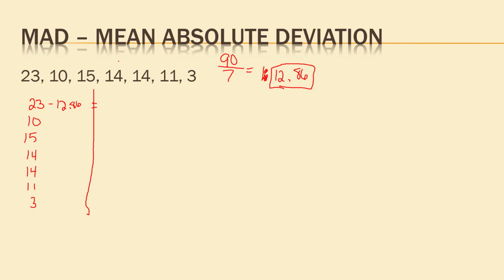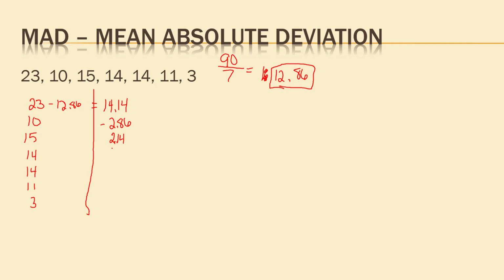So 23 minus 12.86 gives me 14.14. 10 minus 12.86 gives me a negative 2.86. 15 minus 12.86 gives me a positive 2.14. Lost my decimal there. 14 minus 12.86.